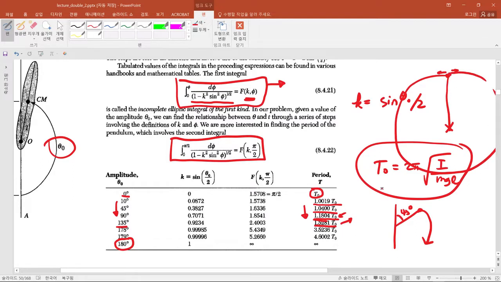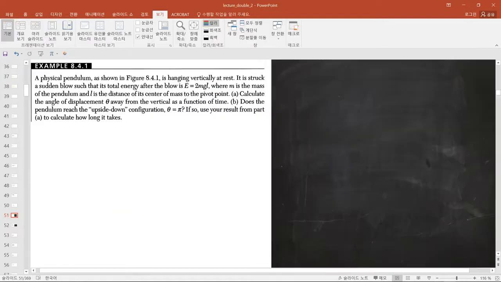So the period is infinity in this sense. It takes infinite time. It starts quickly, but it actually takes infinite time to reach this point here. So the period in this case is infinity.